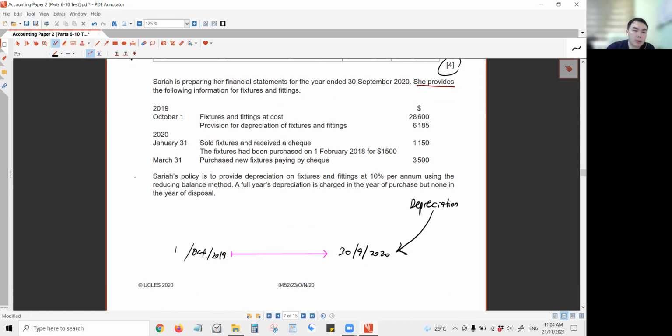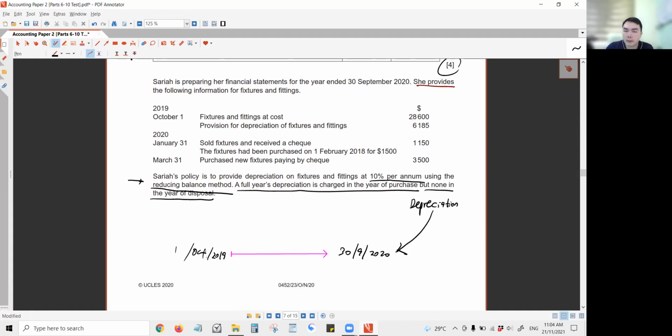Look at this paragraph. They say they use reducing balance method, 10% per annum. Full year's depreciation is charged in the year of purchase and none in the year of disposal.